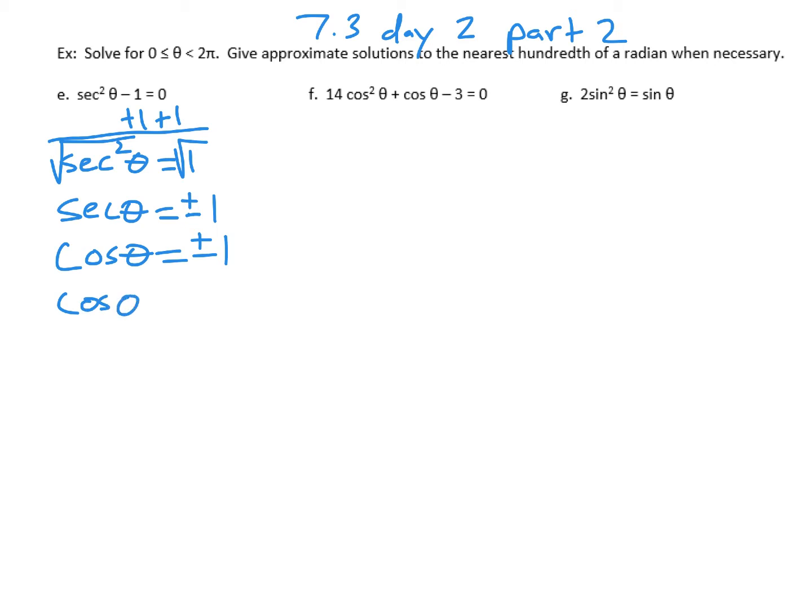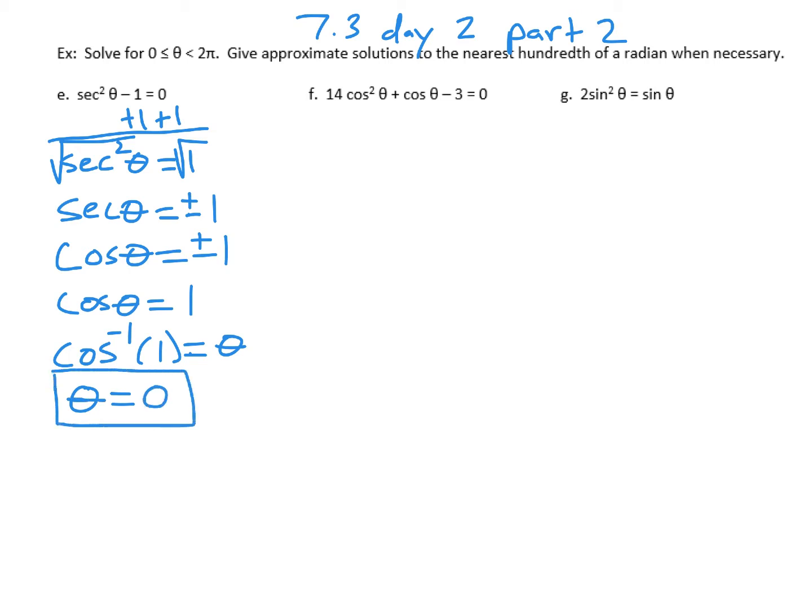The first would be cosine of theta equals 1, which means we need to do an inverse. We're talking radians right now, but this is unit circle friendly. The only place on the unit circle you find a cosine value of 1 is at 0 radians.